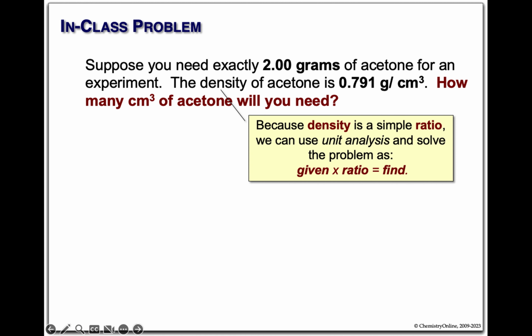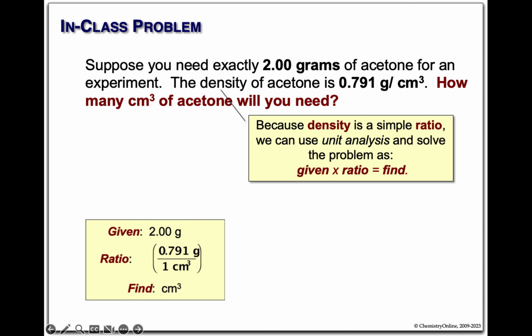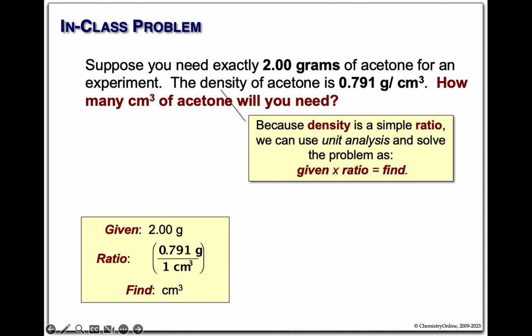Again, density is a ratio. Solve it using this. Our given is 2 grams. Here's our density.